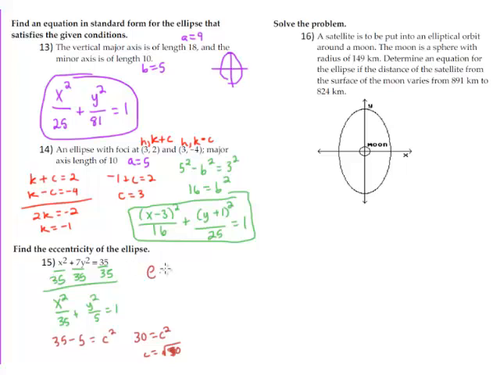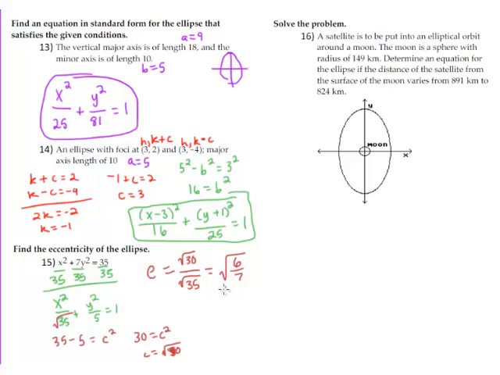So we need e equals c over a. That's the square root of 30 over a, which is the square root of 35. There's not really a lot you can do with this. Well, actually, you can simplify 30 over 35. You can put them under the same radical, and that gives you 6 over 7.